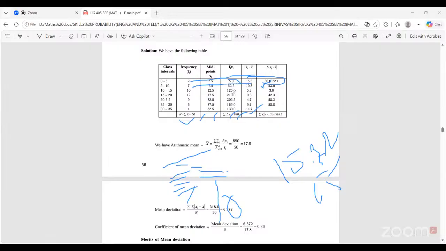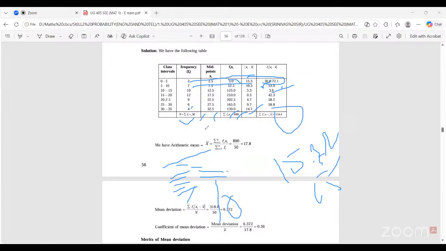Then 10 into 5.3 is 53, correct? 12 into 0.3 is 3.6, correct? 9 into 4.7 is 42.3, correct? 6 into 9.7 is 58.2, correct? Then 4 into 14.7 is 58.8. The total is 318.6.